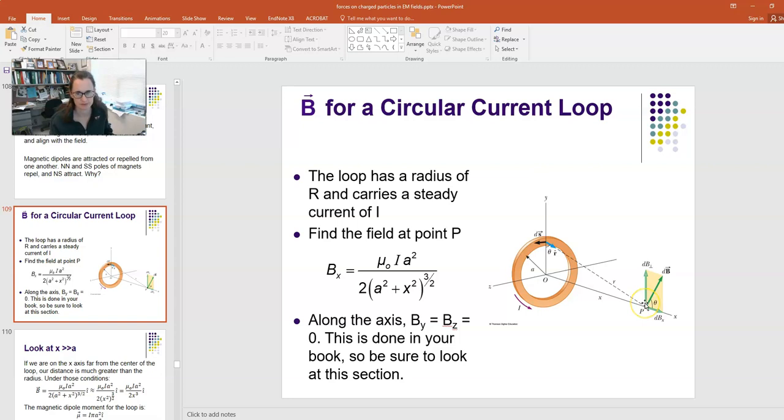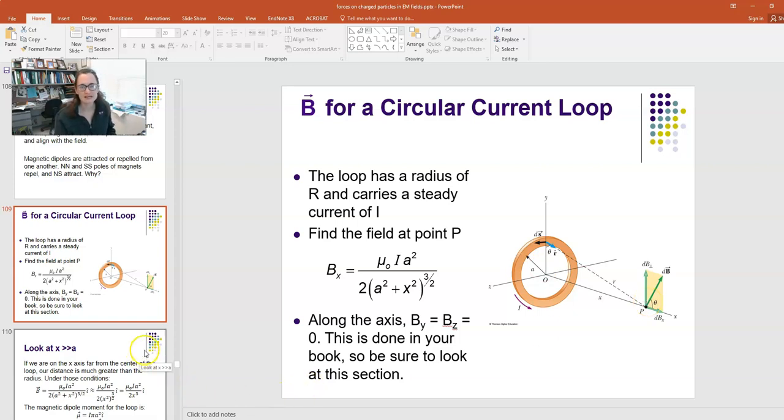Mu naught is the permeability of free space, 4 pi times 10 to the minus 7 in SI units, and I is the current in the loop. So this is the magnetic field at some distance. If we're only looking along that axis, then the y and z components are 0, so we're just looking at the magnetic field along the axis here.